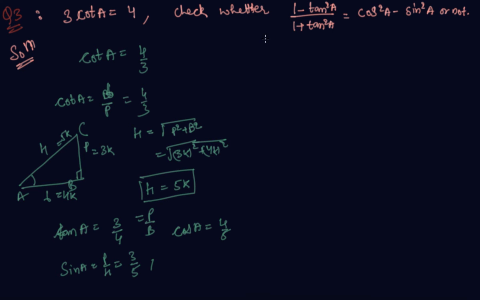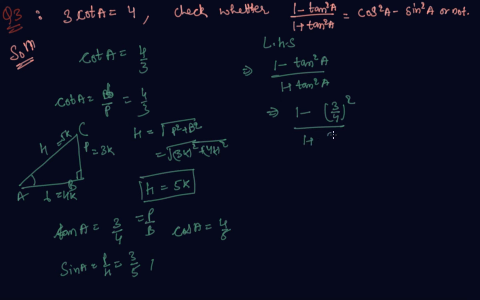Now we have to solve. Let me take the LHS, which is 1 minus tan square A upon 1 plus tan square A. What is the value of tan A? 3 by 4.